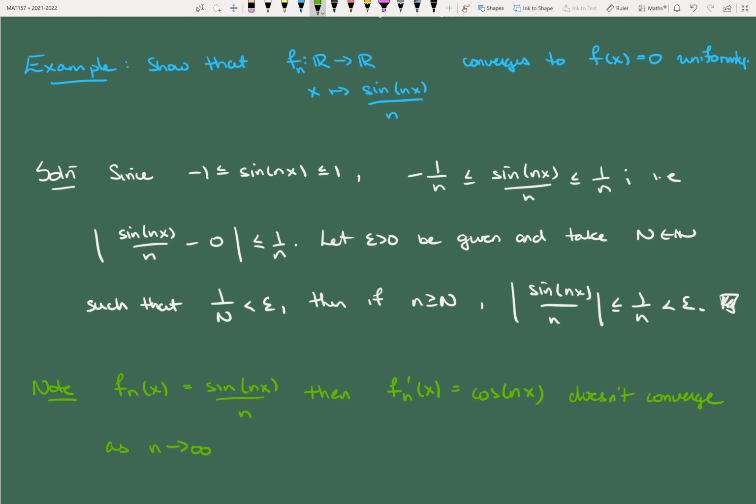It doesn't even converge pointwise to anything, let alone uniformly, because it just starts oscillating faster and faster. If it were to converge, it'd somehow have to converge to a solid block, and that's not going to happen. So here we have a uniform limit of differentiable functions, which converges to something differentiable, but their derivatives don't even converge pointwise.